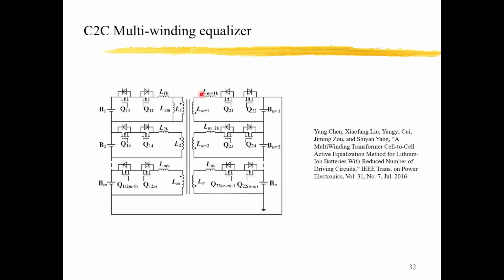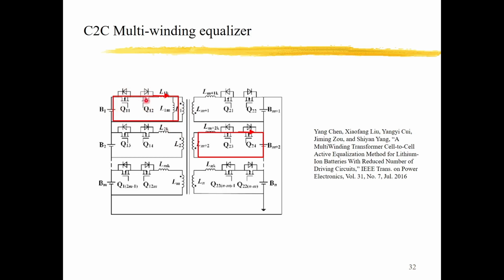This is also a multi-winding equalizer. In this topology, we can decide which cell has the highest voltage and which cell has the lowest voltage, and we can operate like this: if B1 has the highest voltage, then we turn on Q11 and Q12, and transfer energy here.